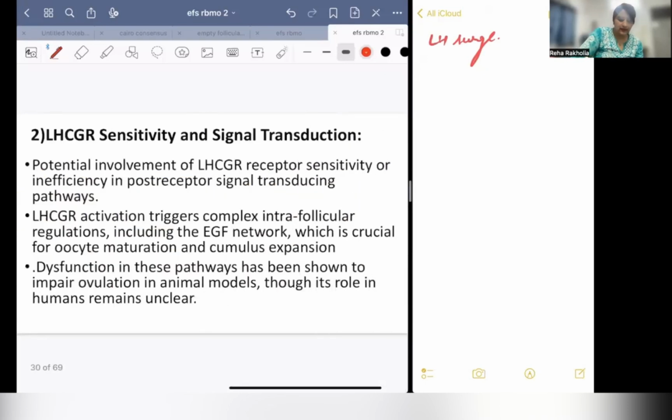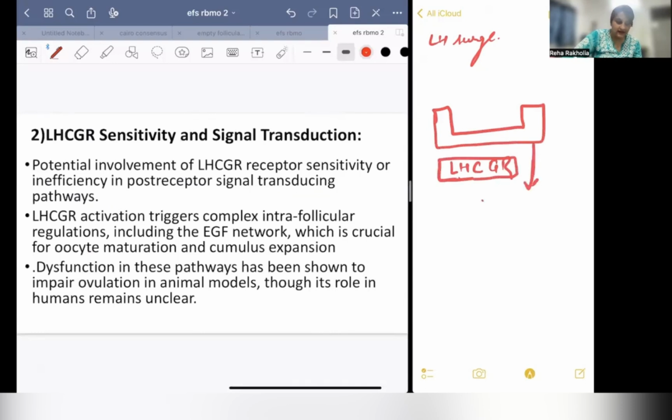Now, LHCGR sensitivity and signal transduction. This is the LHCGR receptor, the luteinizing hormone chorionic gonadotropin receptor.